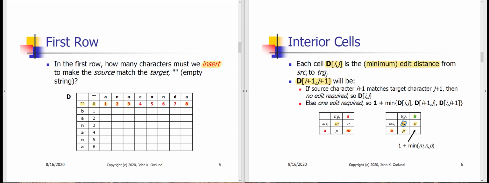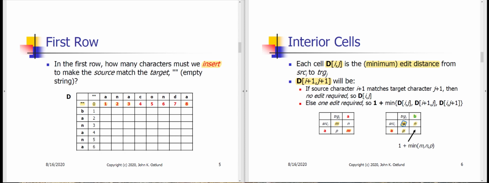And let's suppose it takes two operations to get one more character in the target, and perhaps it also takes two operations to get one more character in the source prefix. So this is a 1, and these things here are 2's.